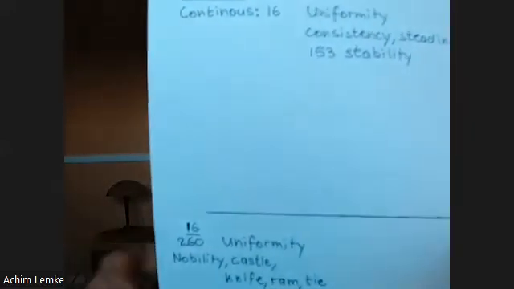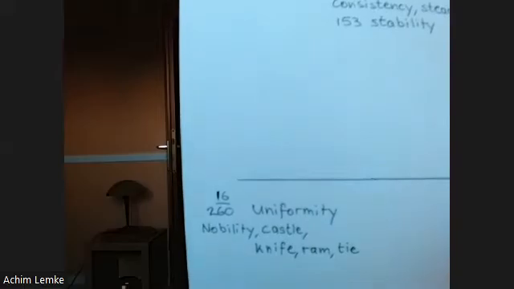Then the consonants of uniformity give a knife. So I write down knife, comma, RM ram, comma, T tie. So you just copy.